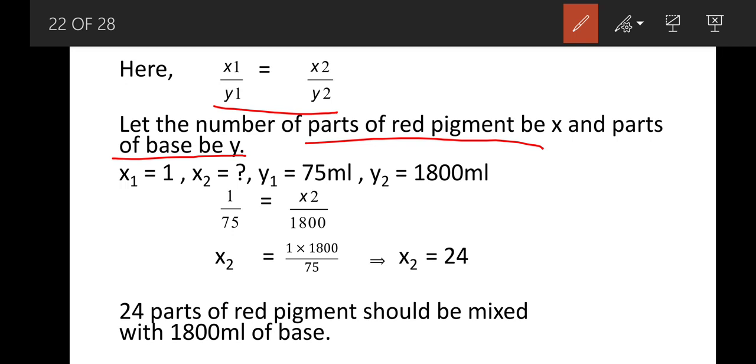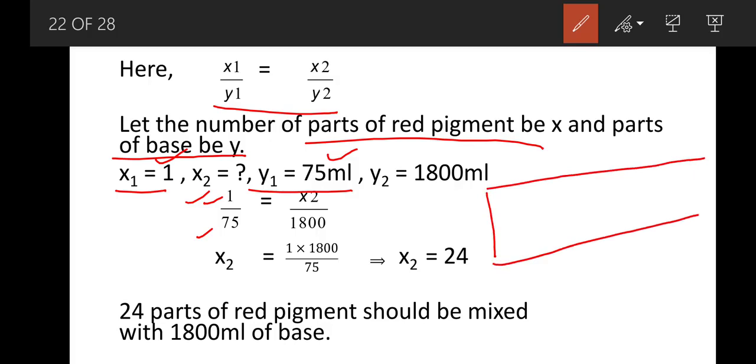Okay, so x1 is 1, y1 is 75 ml. These are the parts of red pigment, these are the parts of base. So red pigment x1 is given, that is 1 over 75 is equal to x2, which is unknown to us. Or you can make the table here also. I am showing you with the help of a table.